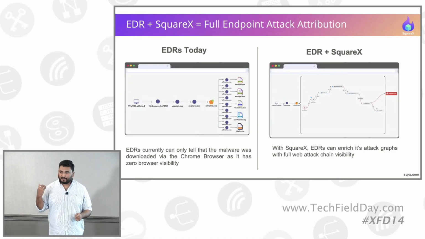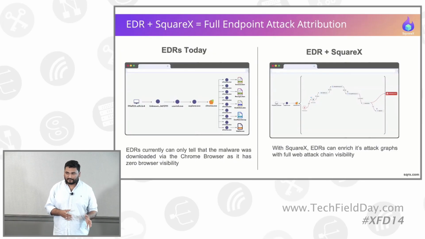So in file download, you're sort of relying on your EDR. And that's where SquareX really helps, because we are able to give you the attack graph visibility to that. So you don't just get the information like, hey, this is this URL, and this came from chrome.exe. But we also tell you how exactly that person reached that page when the download really happened. So the combination of these can be really good, and it can fill in a great visibility gap, which is right now when it comes to browser.